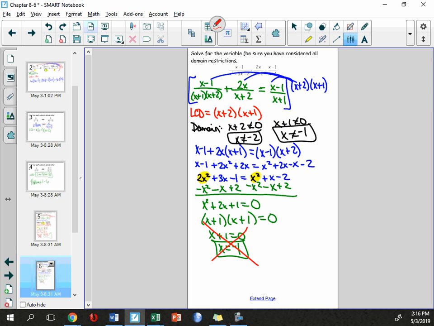So what does that leave my answer to be? No solution. Okay, do we understand that? There's no solution because the only answer that we had was negative 1, and that's not okay.